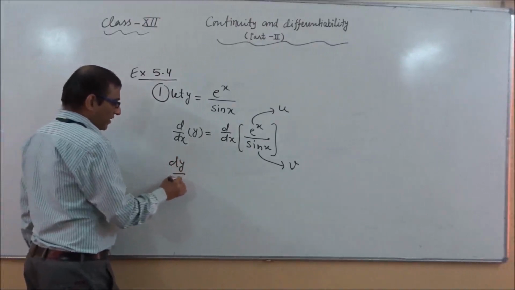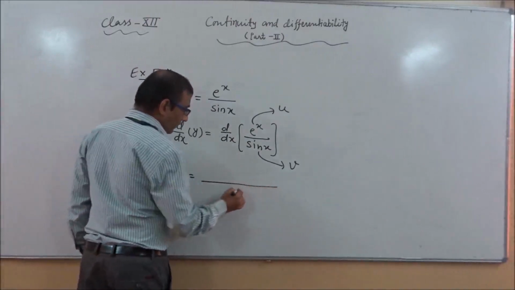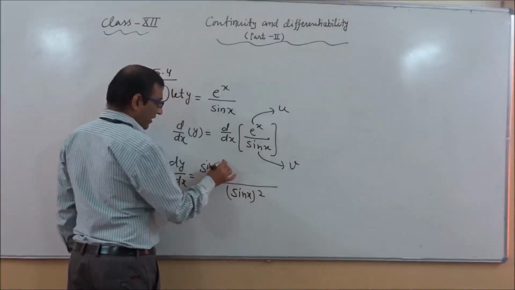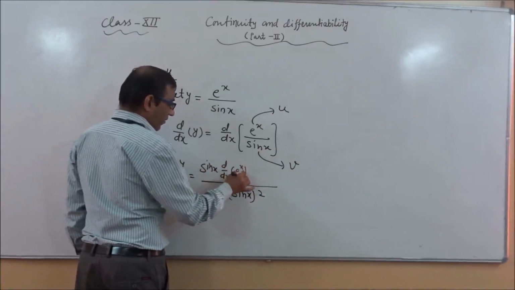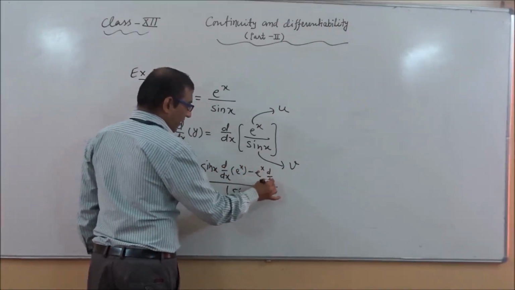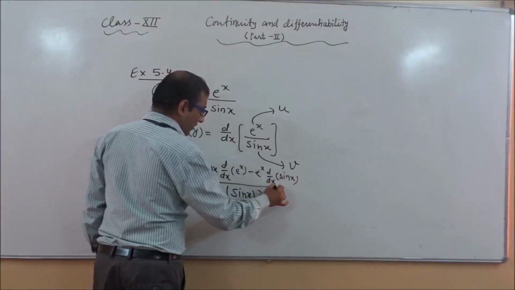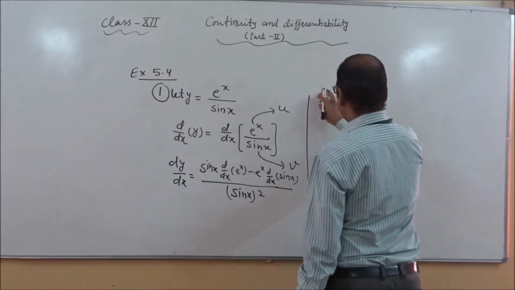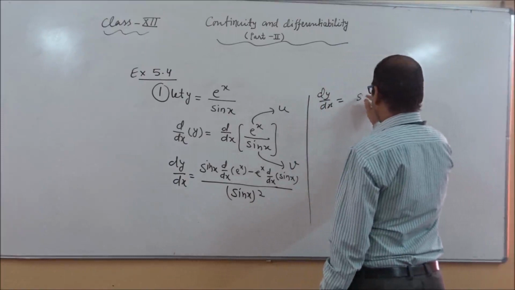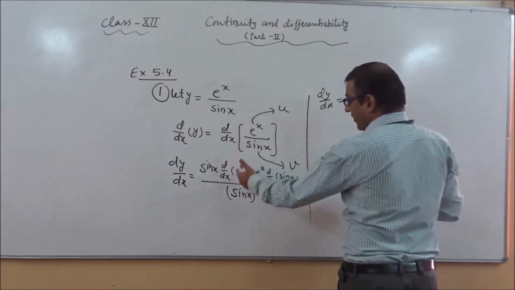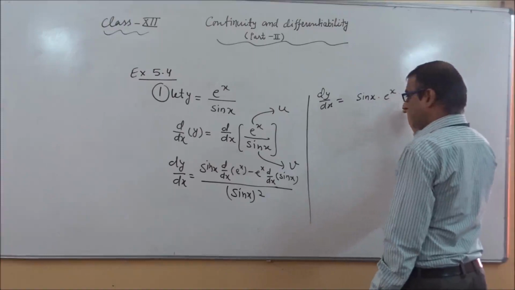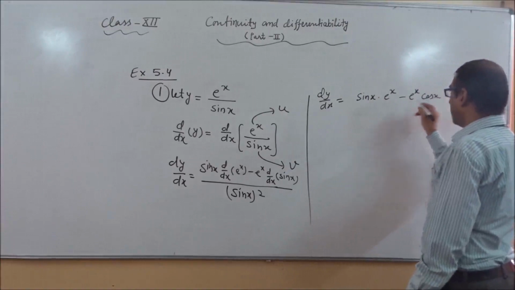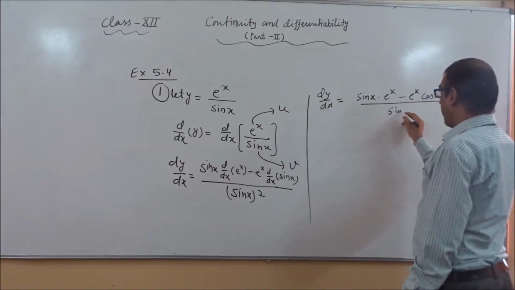So it can be written as dy by dx equals to, whole square of sin x as it is, in the denominator, and in the numerator sin x into d by dx of e raised to the power x, minus e raised to the power x as it is, into d by dx of sin x. It means dy by dx equals sin x into the differentiation of the exponential function, which is again the exponential function, minus the exponential function as it is, and the differentiation of sin x is cos x, upon sin square x.